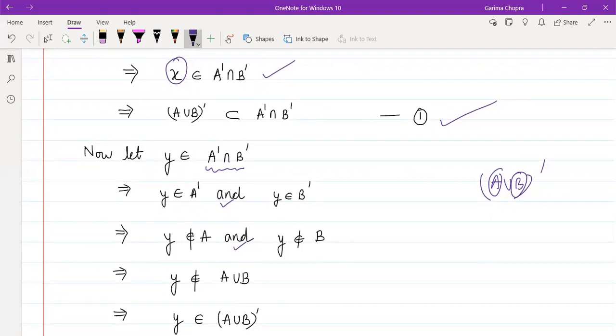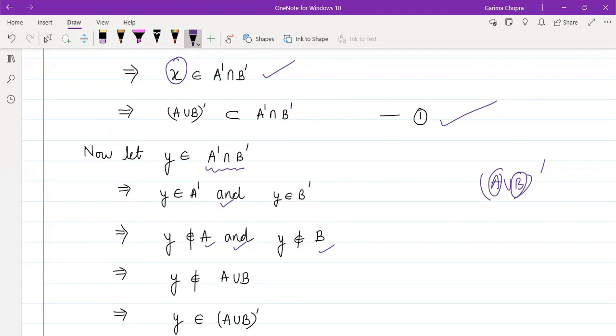So the same thing we have written, that Y does not belong to the union of these two sets A and B. And now we are very near to this set A union B complement. We are saying Y does not belong to A union B. It means it will be belonging in its complement. It means that Y will be belonging to A union B complement.